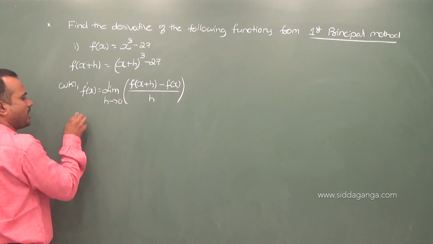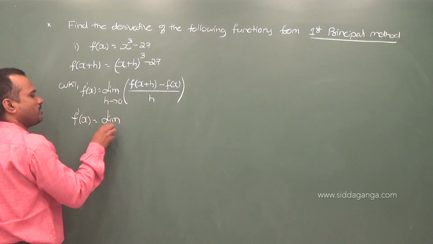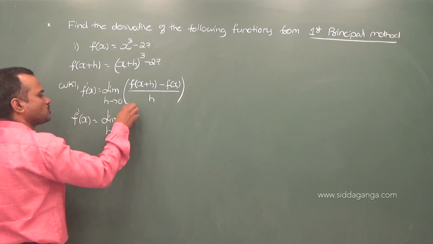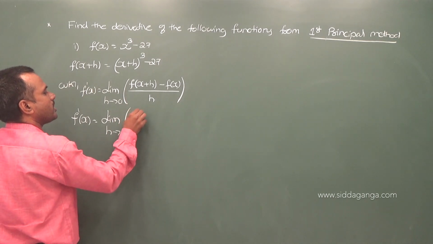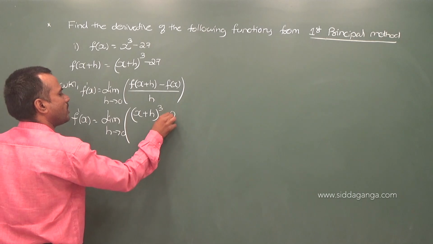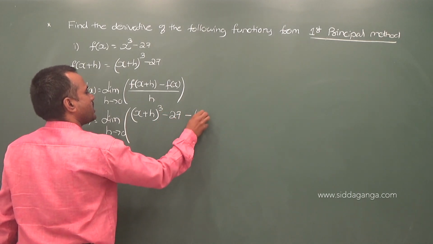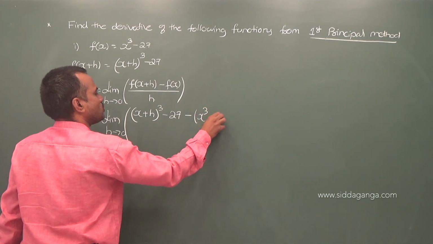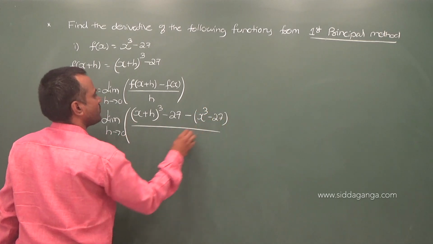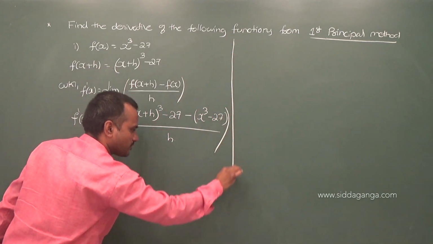So here we substitute. f dash of x is the limit h tends to 0 of x plus h whole cube minus 27 minus x cube minus 27, whole divided by h.